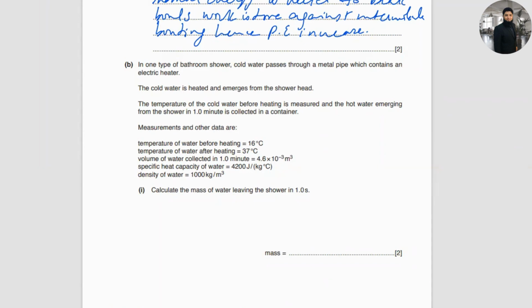ठीक है, in 1 second. अब इतनी सारी जो डेटा दिया हुआ है इसमें हमारे पास simple, we know that the formula for the density is D is equal to m over V. So in order to find out the mass, D multiplied by V is equal to m. So what is density, by the way, is 1000 kg per meter cube, right?